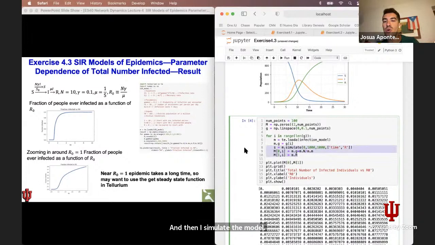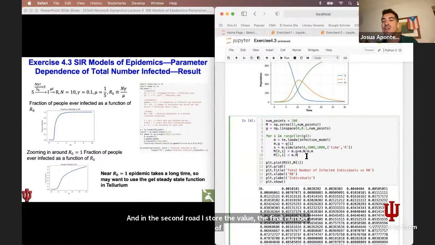And I store, as I said, in the first row the value of R naught, and in the second row the final number of recovered individuals.